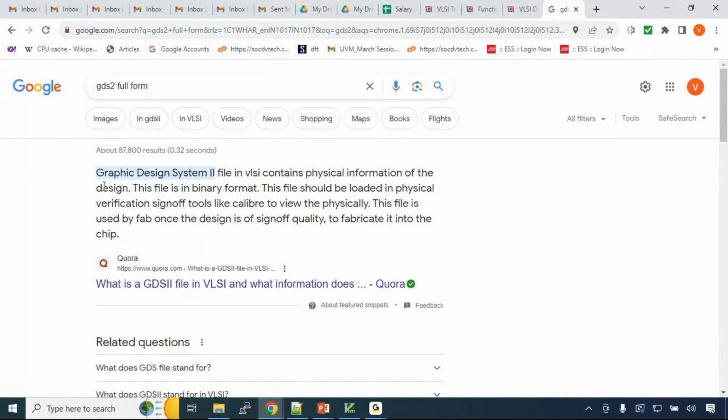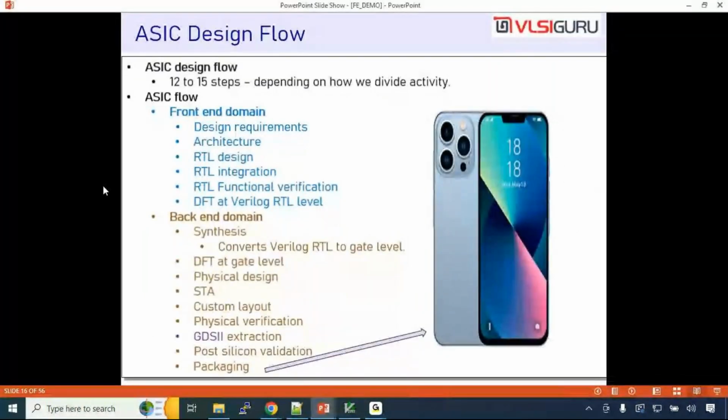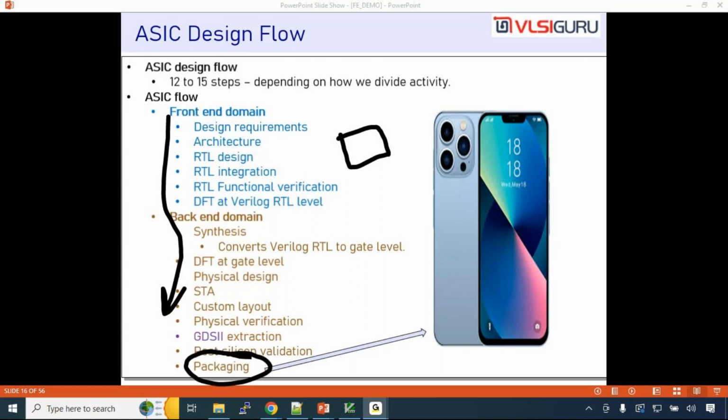What is meant by physical information is, let's say I decided to make my own mobile phone and I want to sell it. I went through all this process. Finally, I have to get the chip fabricated, right? Once the chip is fabricated, then I will do packaging.